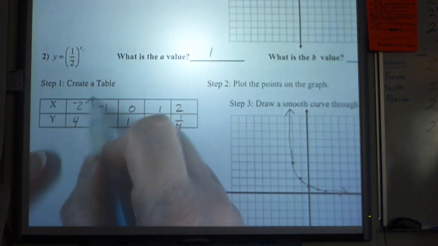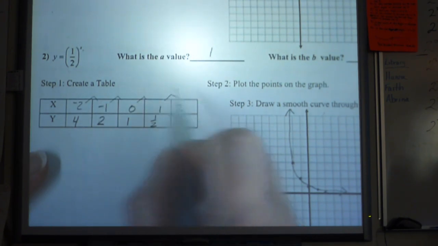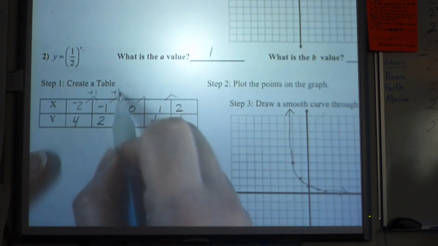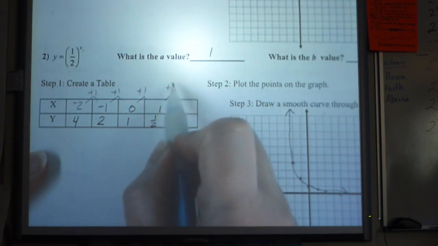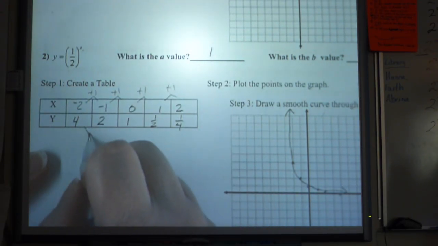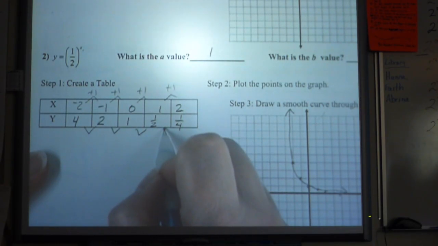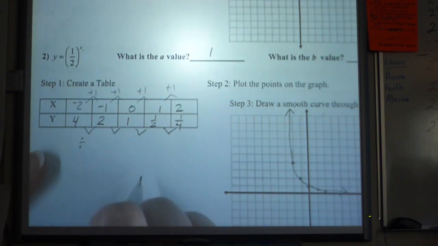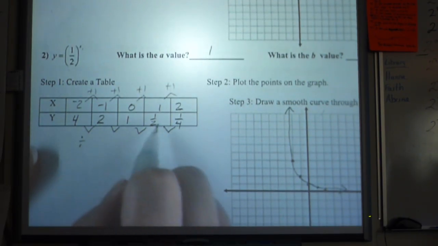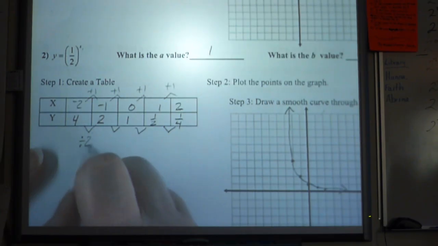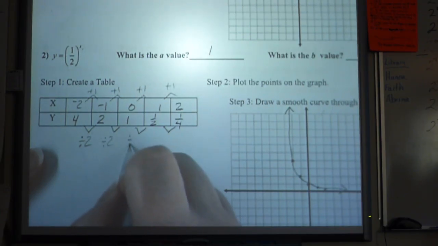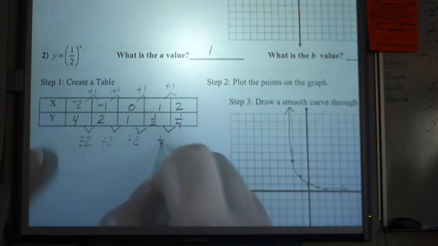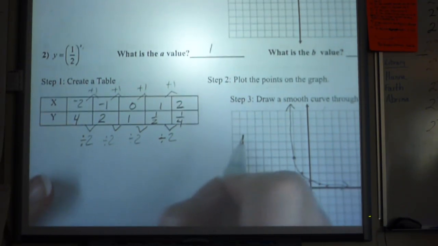Okay, what happened to the x values? The x values, what, boys and girls? Increased by 1. Okay, and as the x values increase by 1, my y values decrease by a factor of what? Divide by 2, right? So that means that they decrease by a factor of 2. Divide by 2 each time, okay? Which is the same as times 1/2.